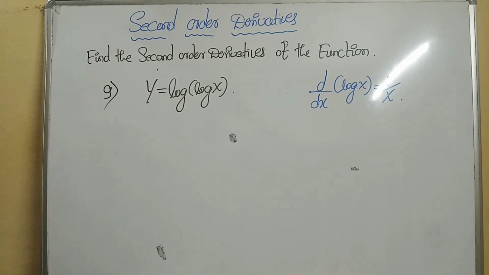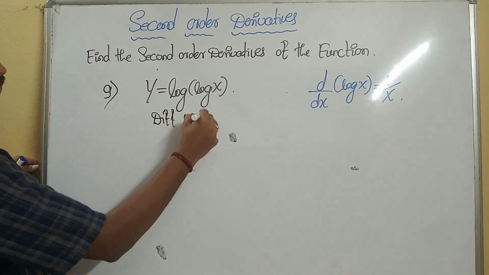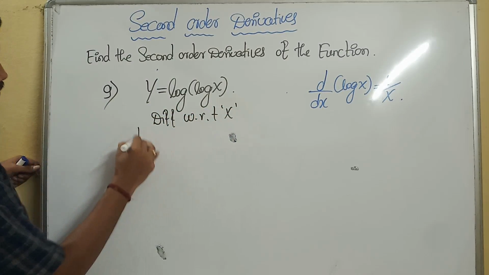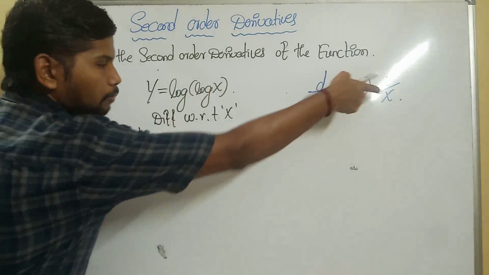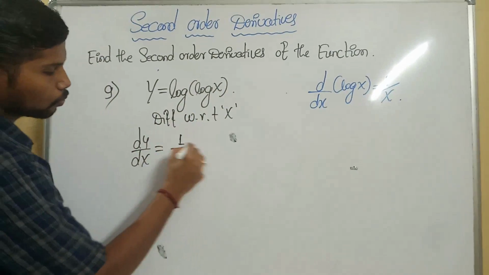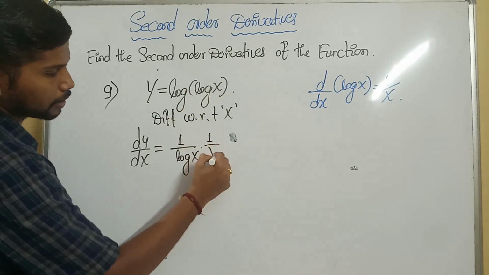Observe the next one. Differentiating the given function with respect to x, it will be dy by dx. Log x derivative 1 by x, log of the term will be 1 by log x. Again log x derivative will be 1 divided by x.